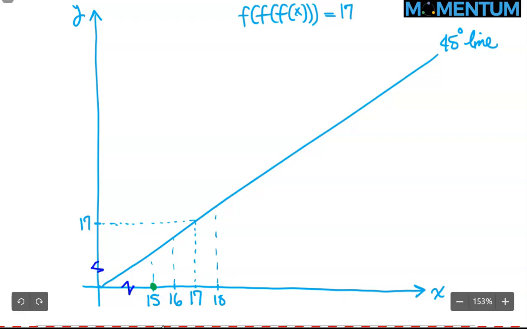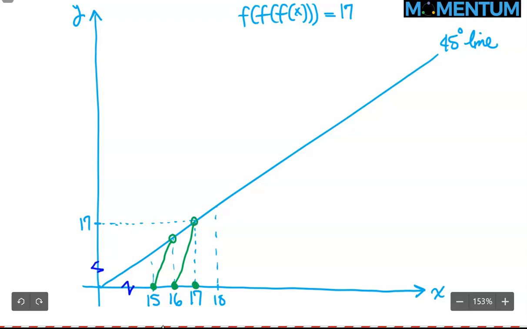All right, so the green function, the f of x function, is over here. It's not a straight line, I know that, but I don't care. I know that it's monotonically increasing, and that's what matters. It's again something similar here.